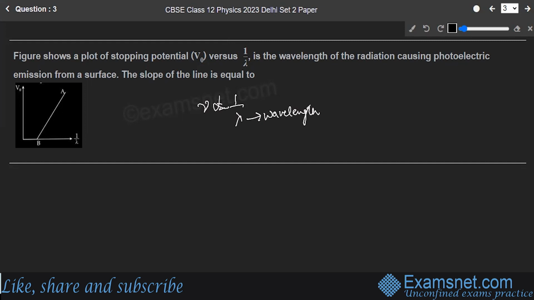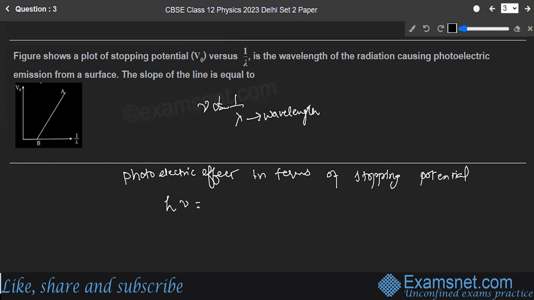So the photoelectric effect in terms of stopping potential is given by h nu equals plus eV, or V is equal to h nu.